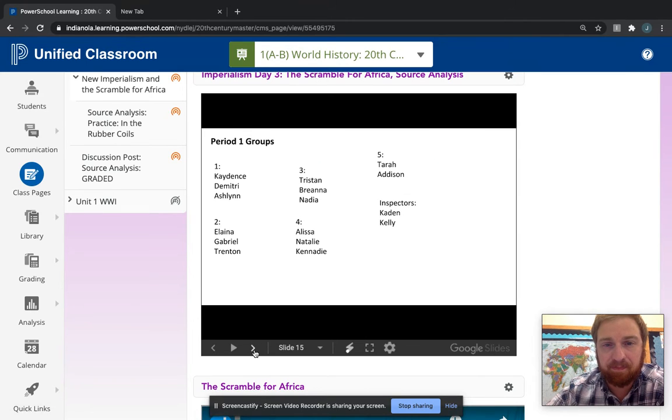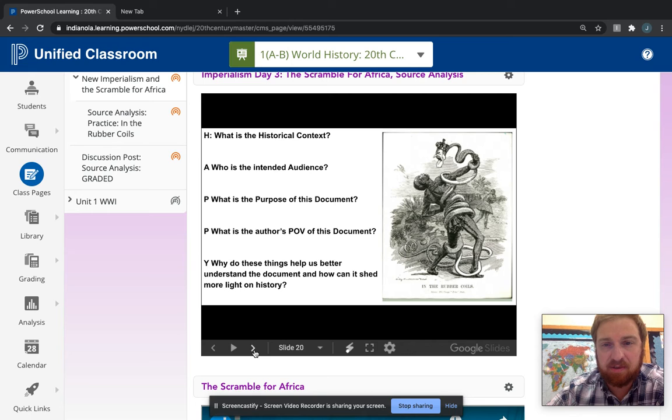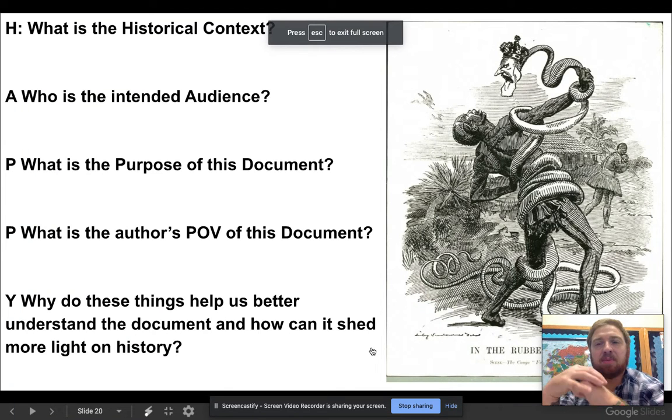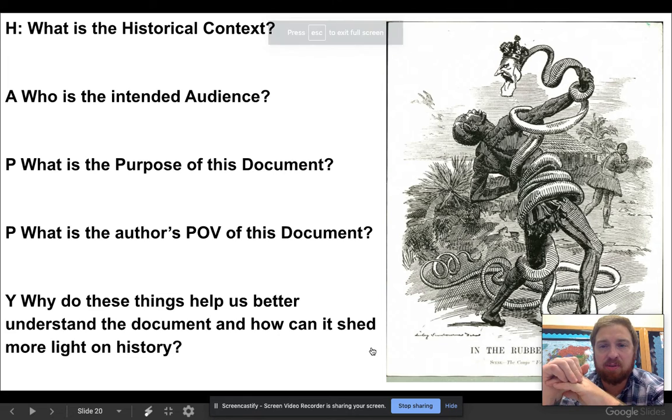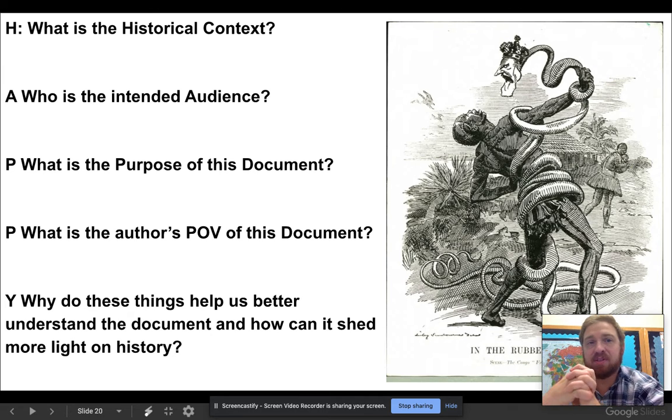Let's see here. This is what I want to look at with you. This is a political cartoon called In the Rubber Coils. And so this deals clearly with African imperialism, specifically in the Congo by the Belgians.